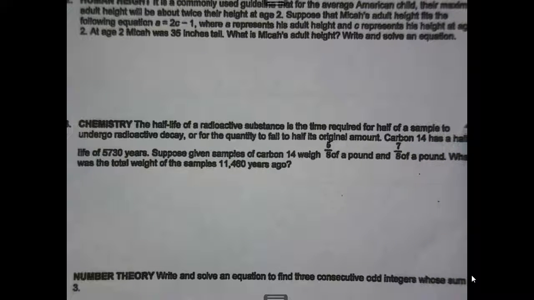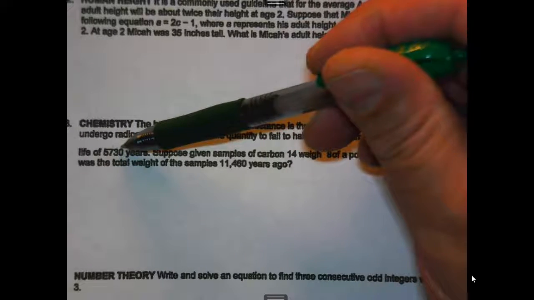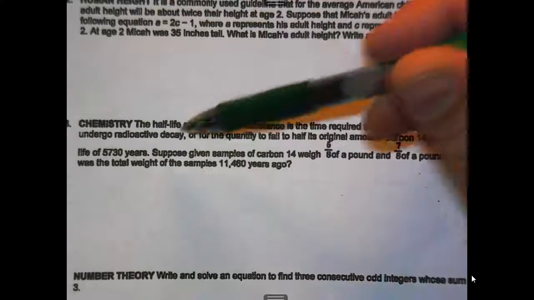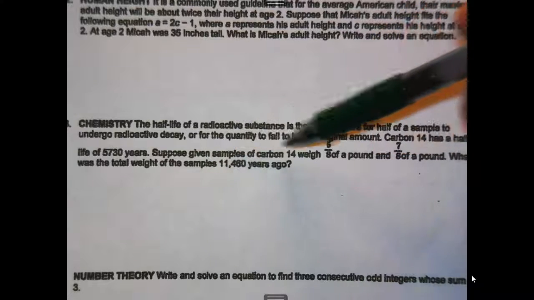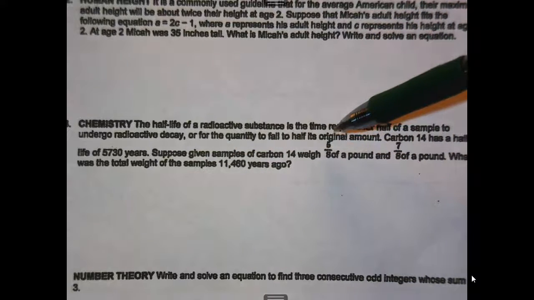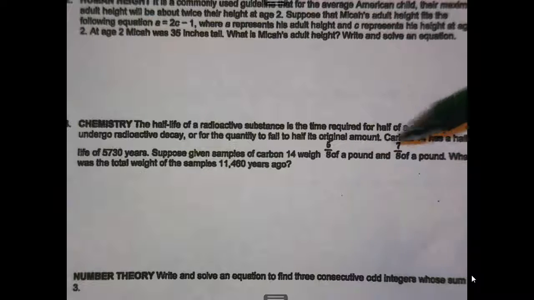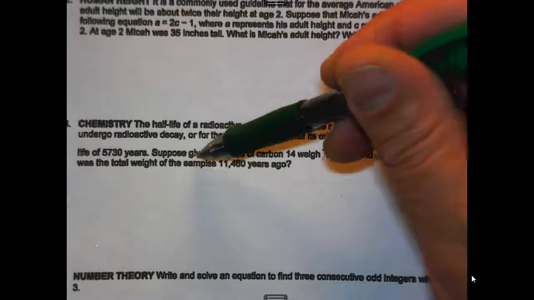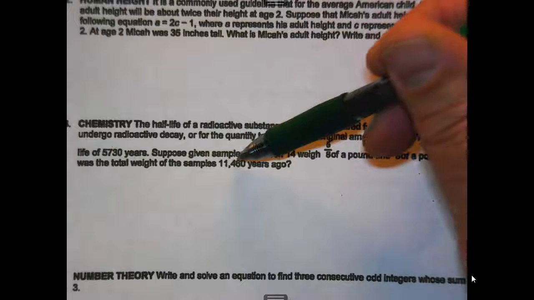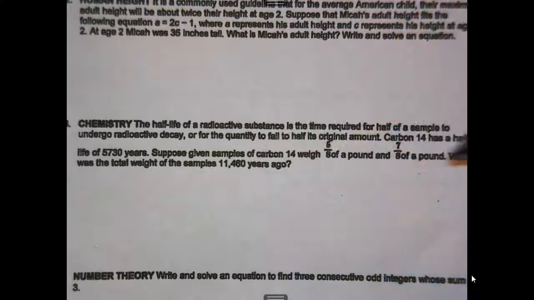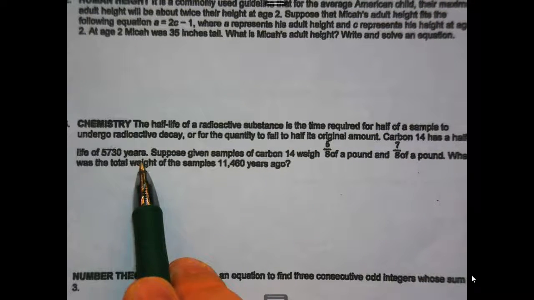Carbon-14 has a half-life of 5730 years. Suppose given samples of carbon-14 weigh 5/8 of a pound and 7/8 of a pound. What was the total weight of the samples 11,460 years ago?